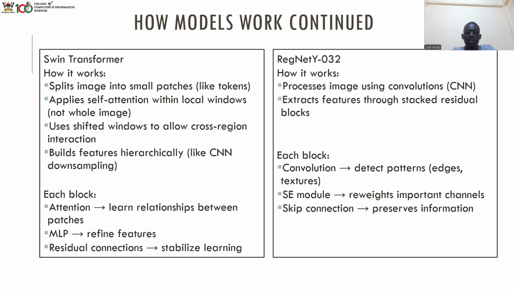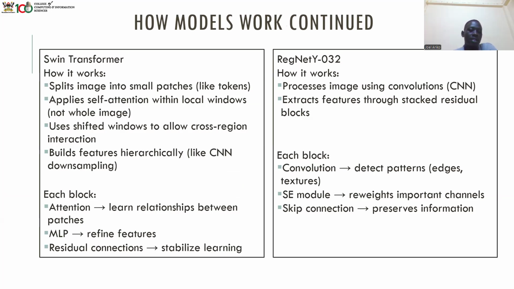Similar to both of these, for the interest of time, I'm just trying to peruse through them. Now for the Swin Transformer, how it actually works: it splits the image into small patches like tokens. Then it applies attention within the local windows.